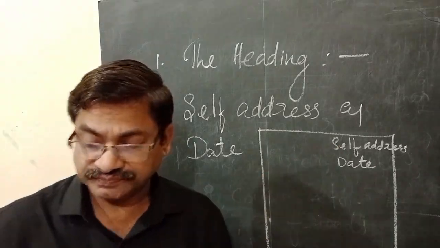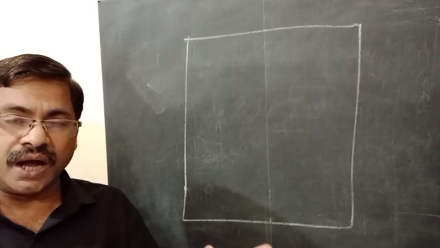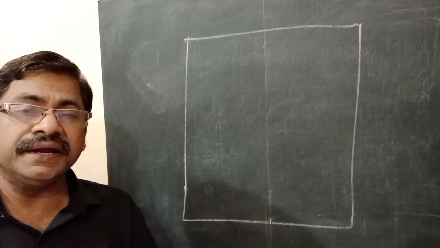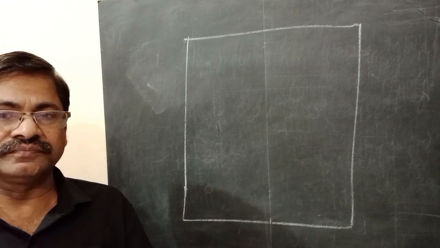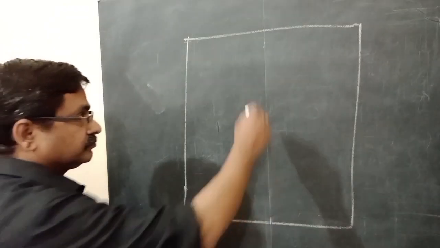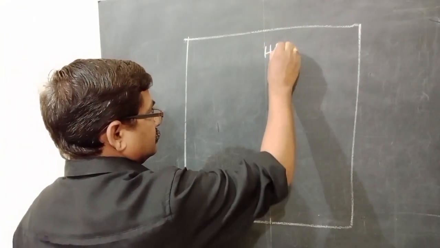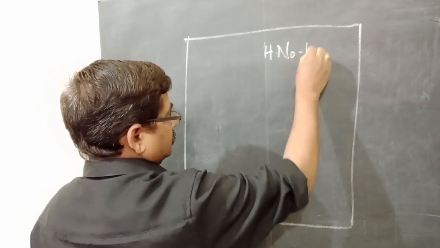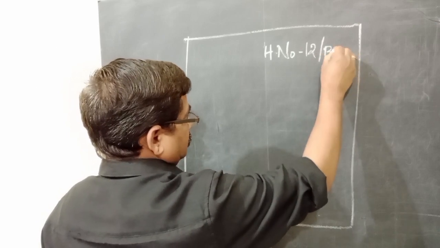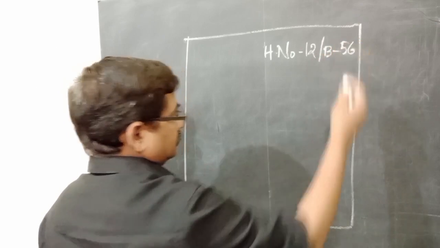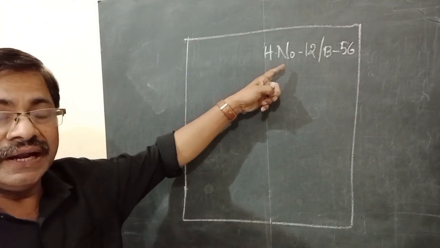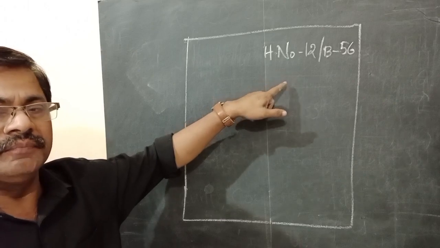Self-address consists of your house number or house name, your colony name or village name, your mandal name or city name. And just below it, your village name, otherwise colony name, you have to write.